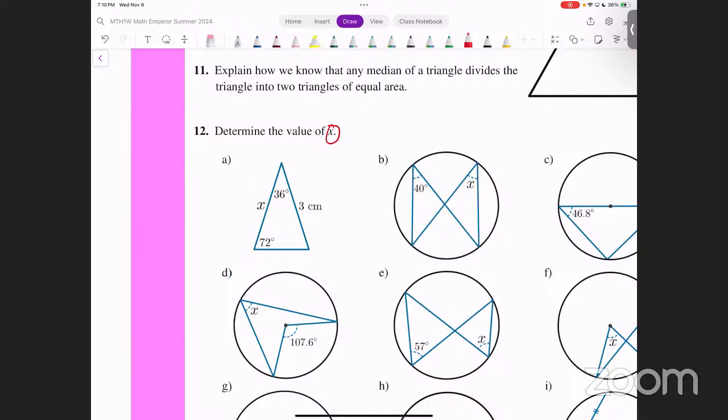So I'm doing more problems for you guys to master it. If you see here, this angle, we can calculate the angle. Can you just calculate the little angle and let me know how much you get?